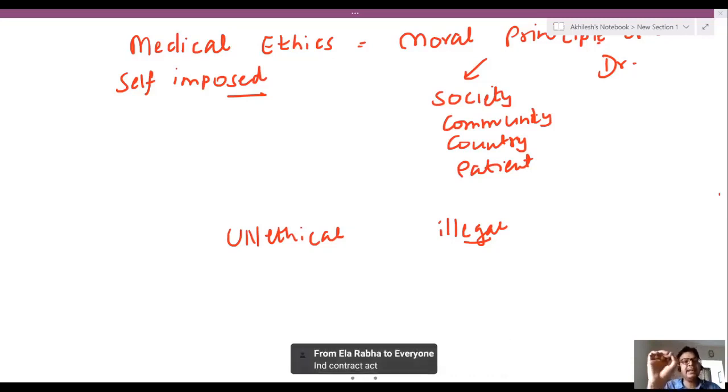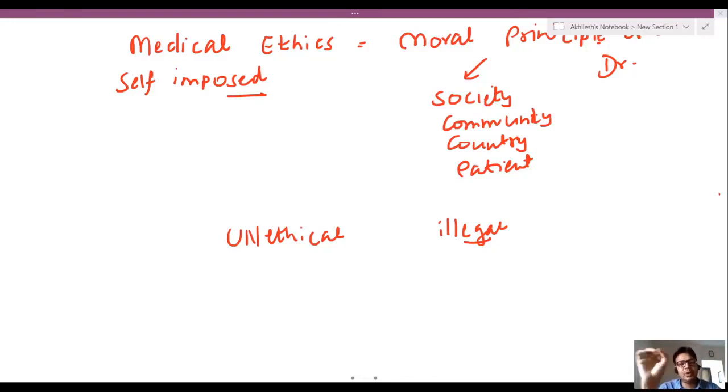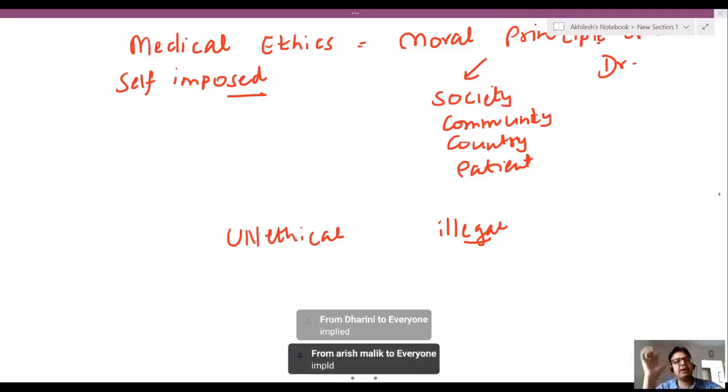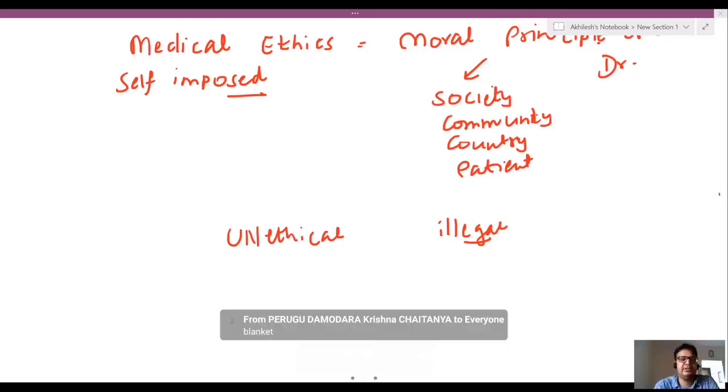If a patient is ready for physical examination without telling anything, what consent is this? Implied consent. A single consent covering many procedures is a part of which consent?